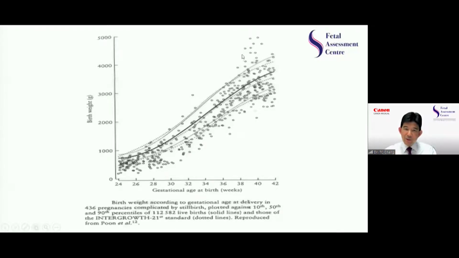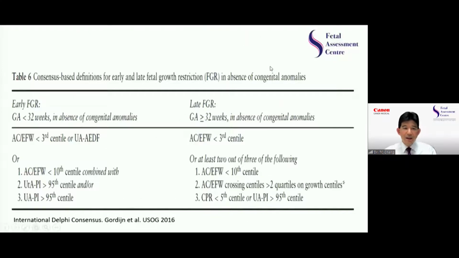Whereas if you look at the dot plots of term stillbirths, you can see that they're all over the place, and there's certainly no preponderance of smallness for gestational age amongst them. In fact, you can have a lot of stillbirths that are appropriately sized. And therefore, we have a dilemma in that we may be able to define late FGR, but we have to use different criteria than here.